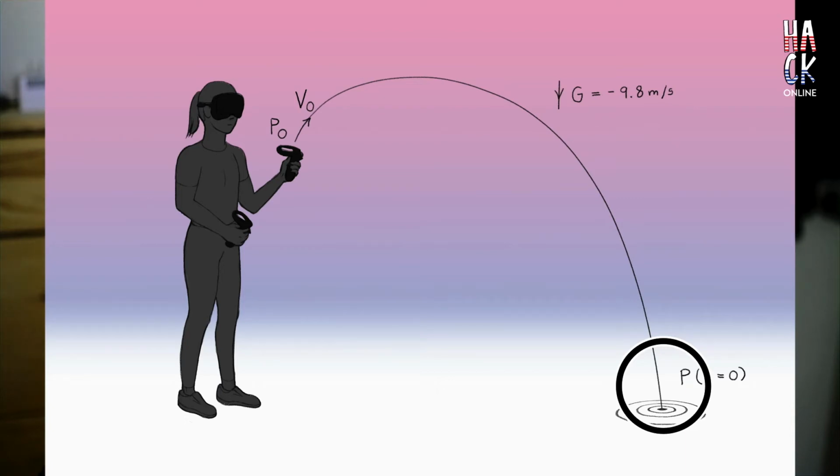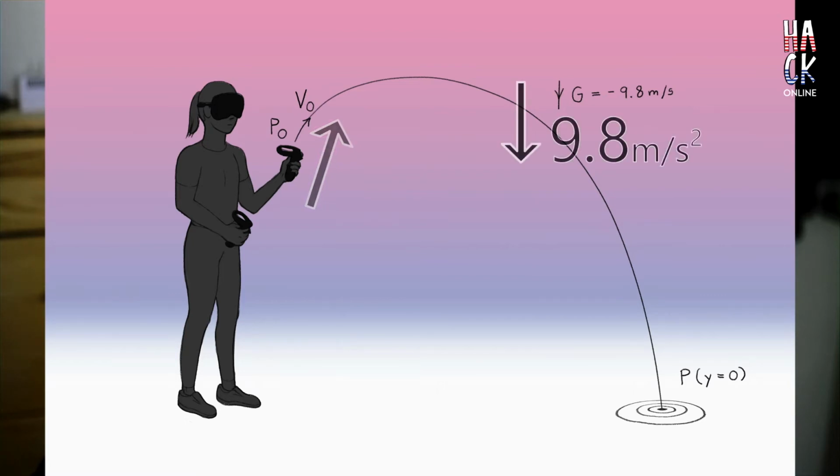We know the starting velocity. The starting velocity is, well, whatever we set it to, which in our case is going to be launched out in the direction the controller is pointing. And for gravity, we'll set it to the same gravity as the real world, which is 9.8 meters per second down.